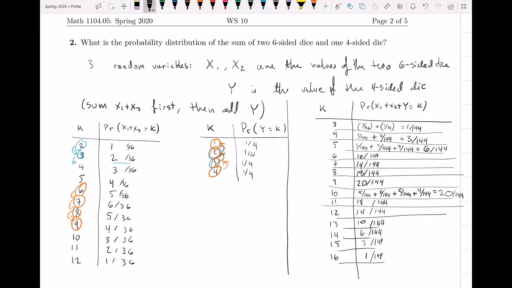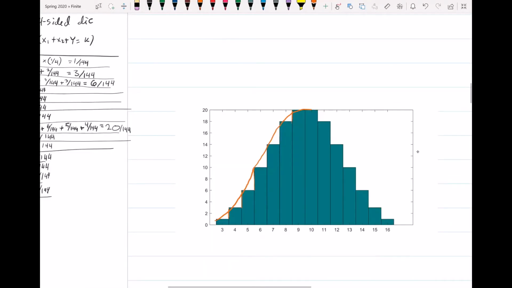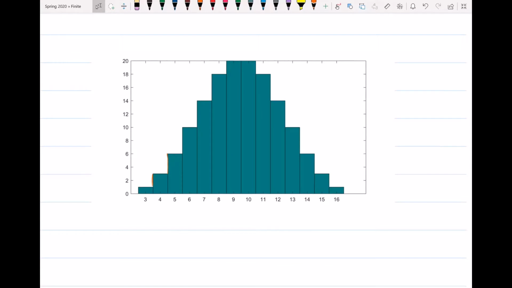Now let's look at what that distribution looks like. This is the histogram for it. Oops, I have this already here. That shouldn't be there. Giving the game away. It looks like this. And you might notice that it looks kind of like a familiar curve, which is the one I just erased.